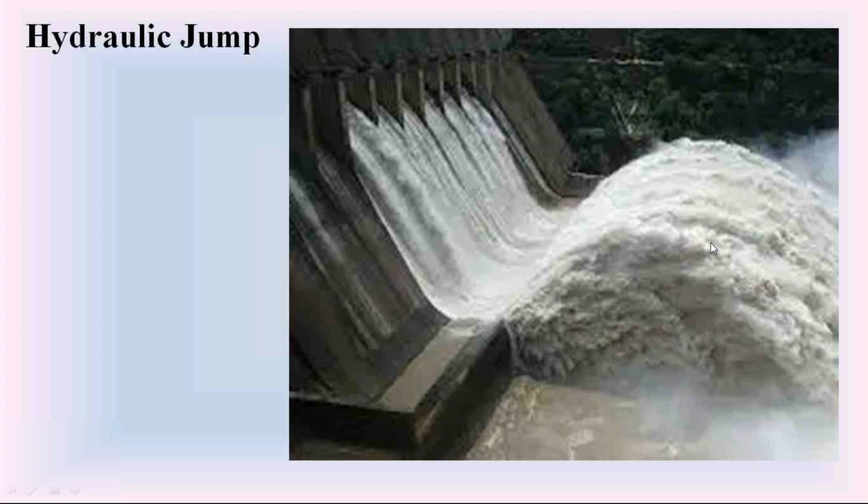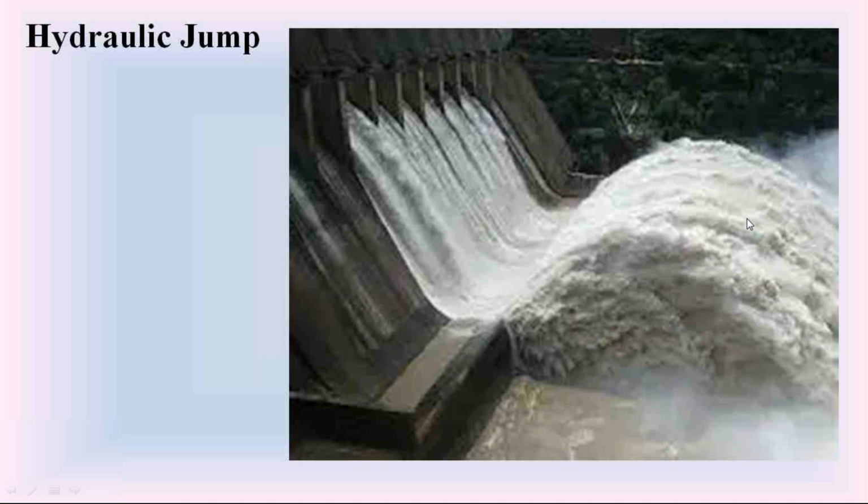When the water is released from the dam through these spillways, the gates are opened. When the gates are opened, the water starts moving downwards. When the water is moving downwards from the dam through these spillways, at the downstream of the dam you have this mechanism known as the hydraulic jump.